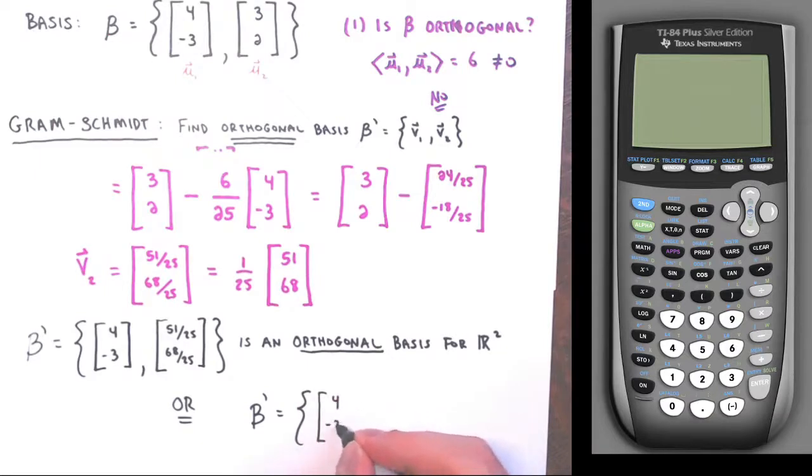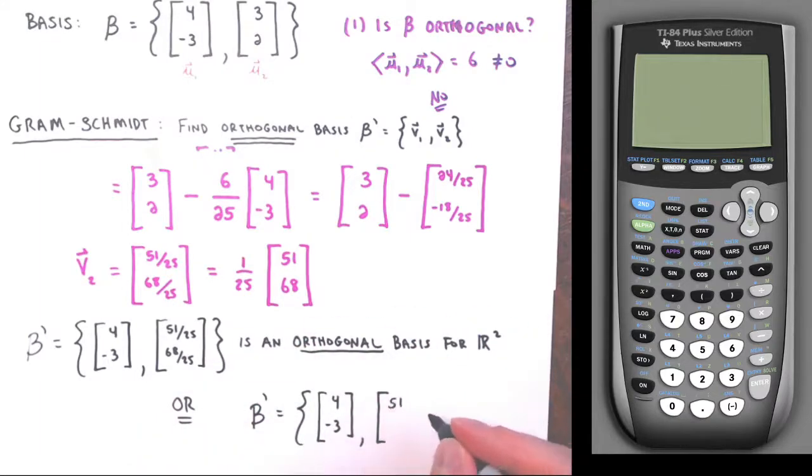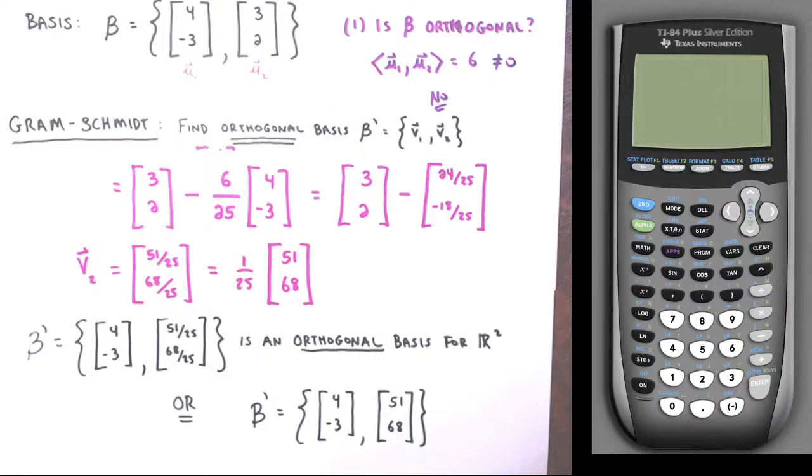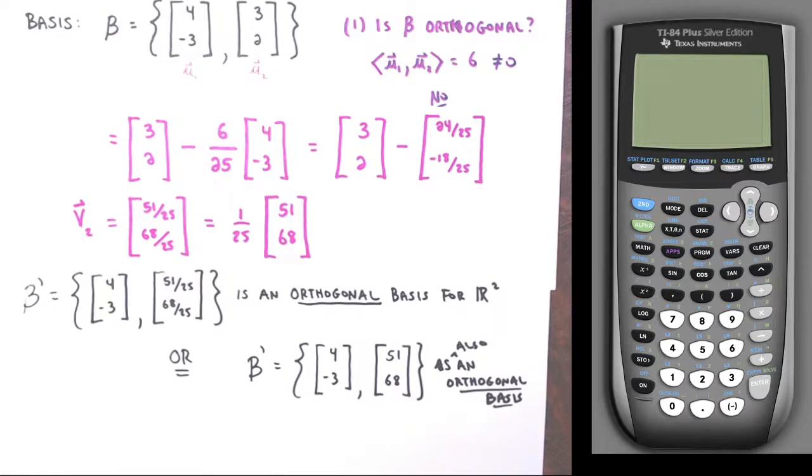Or we could say that B prime equals 4, negative 3, and then multiplying that second one by 25 to get rid of the fractions, 51, 68. This is also an orthogonal basis for R2. But something else I'm also noticing is that 51 and 68 are actually both multiples of 17.